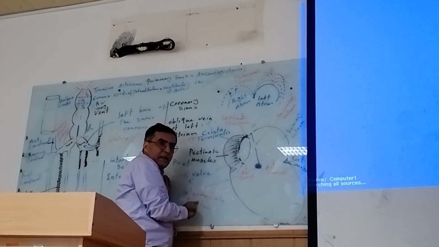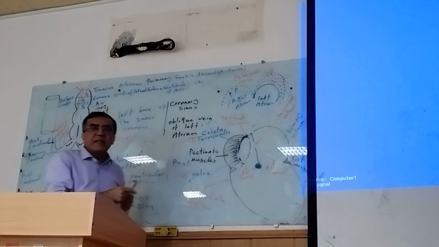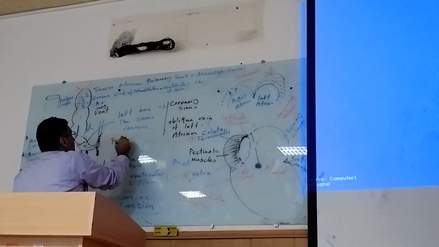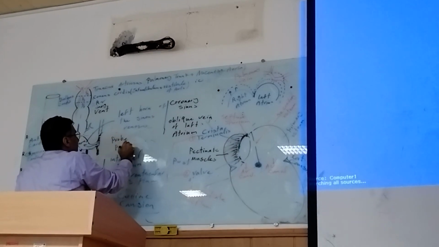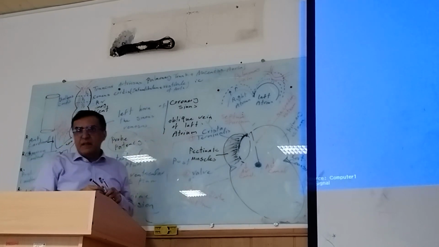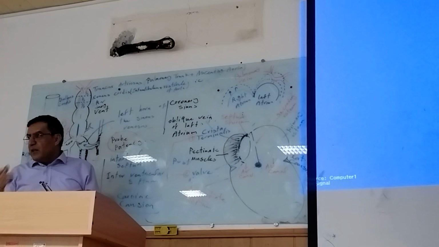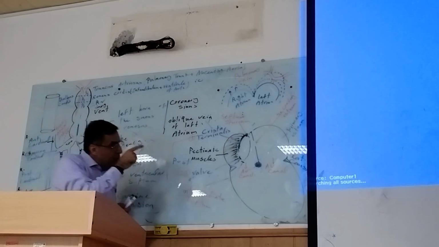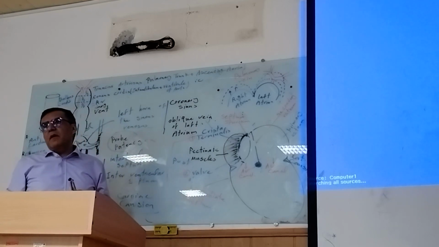We say patency. This is a right to left shunt. Is it clear? This is a kind of interatrial septal defect. It has to close during the embryonic period.